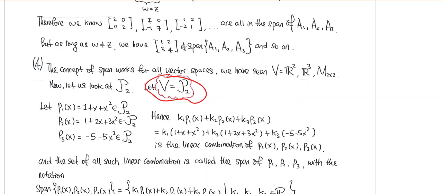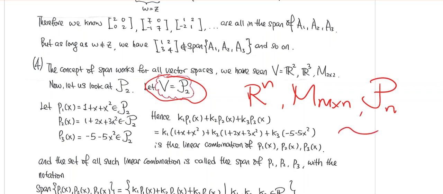So if you are in Rn, matrices of size m by n, polynomials of degree at most n, or function spaces, all these concepts work. Everything works. So make sure you know conceptually how this definition extends to all these vector spaces.